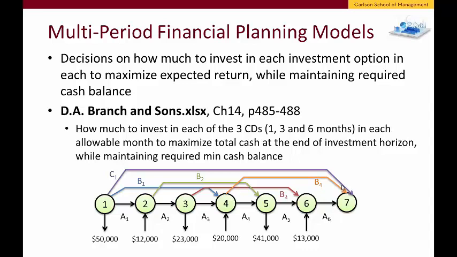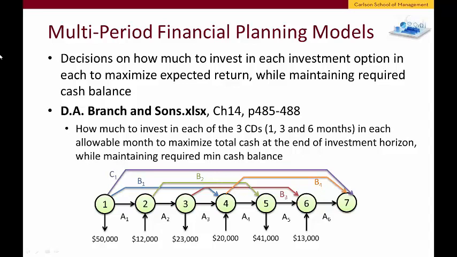For the 3-month CDs, the decision is on how much to invest in each month, starting with month 1, the blue line, maturing in month 4, then month 2 maturing in month 5, month 3 maturing in month 6, and finally month 4 maturing in month 7, the end of the planning horizon. So these present us with 4 possible decisions labeled B1, B2, B3, and B4.